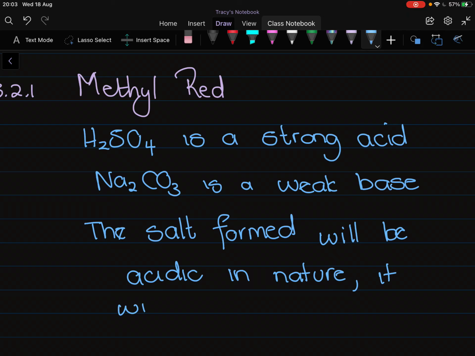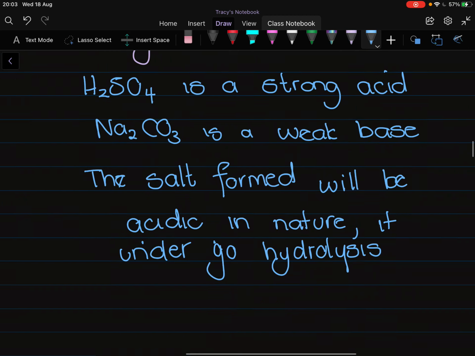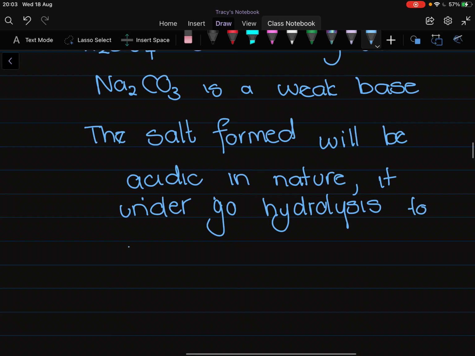It will hydrolyze, react with water. Let's just say it will undergo hydrolysis, because right now I can't think of how to spell hydrolyze. It will undergo hydrolysis to form H3O+ ions.